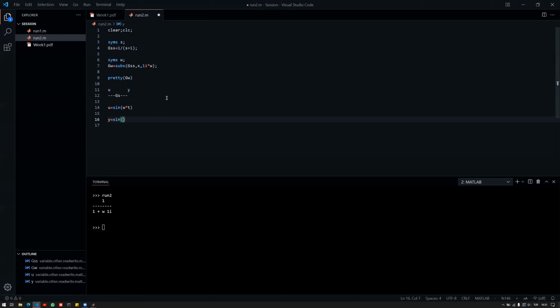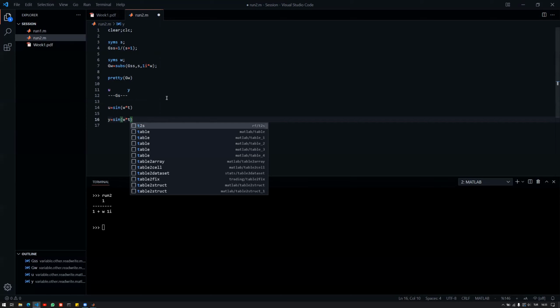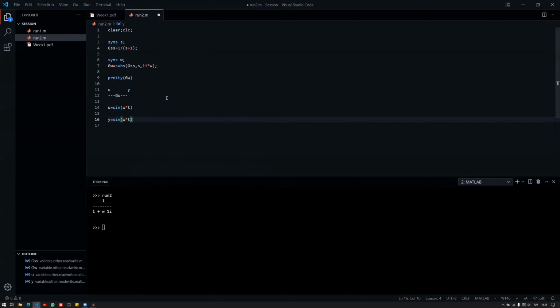So it's only source dependent. So whatever the sinusoidal in the output is, it will have the same frequency. So this is an important property, but we don't guarantee that it will have the same gain or phase properties. That's not guaranteed. The only thing that will not change is omega, which is the frequency of the output.